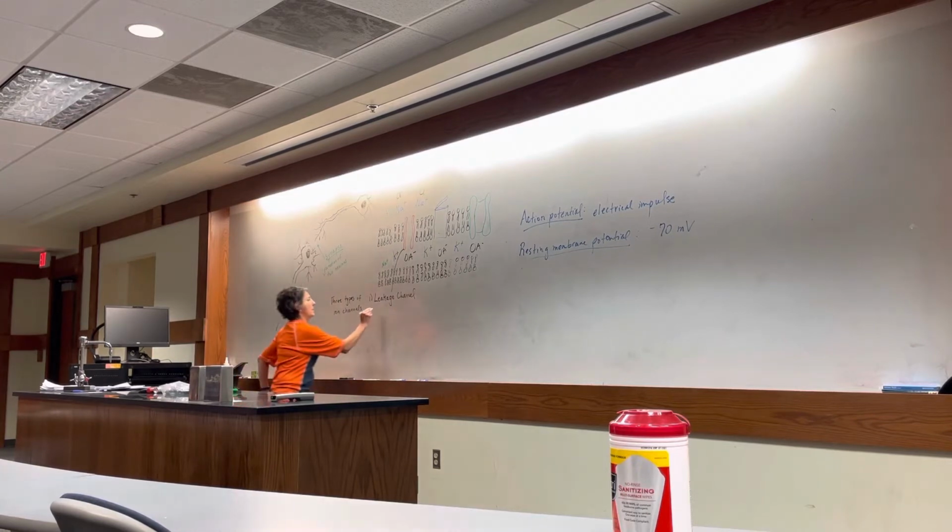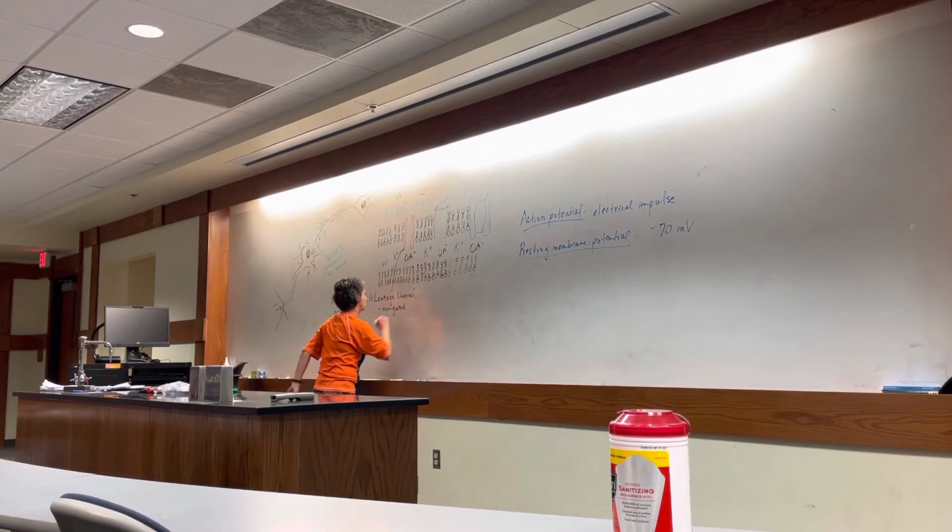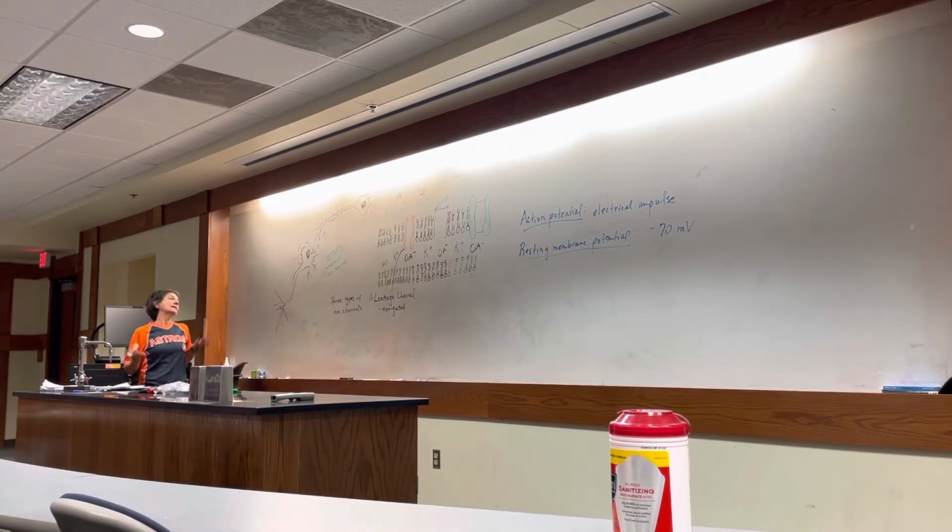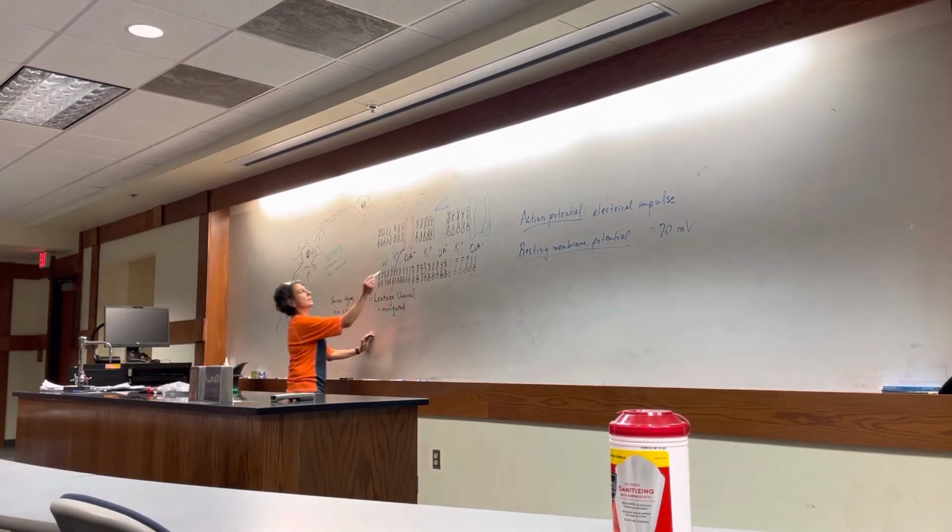Draw the characteristics. It's non-gated. In other words, you can think about it having a lid or not a lid, or a gate or not a gate. Well, it doesn't have either. So it's non-gated.